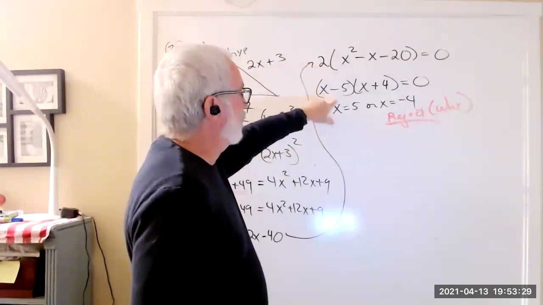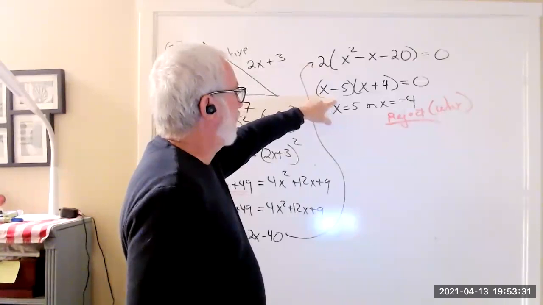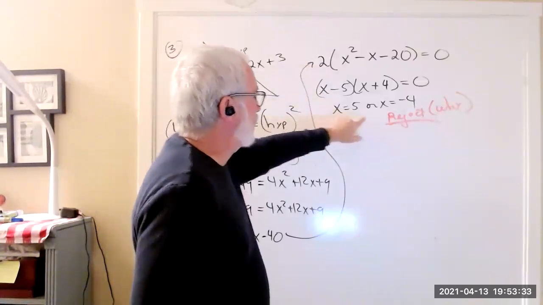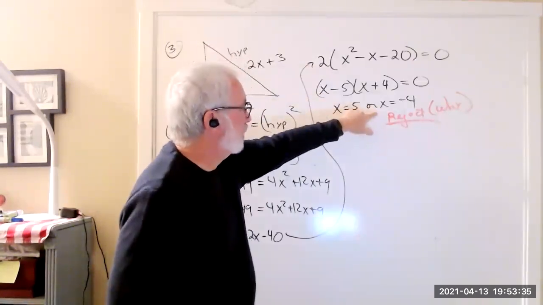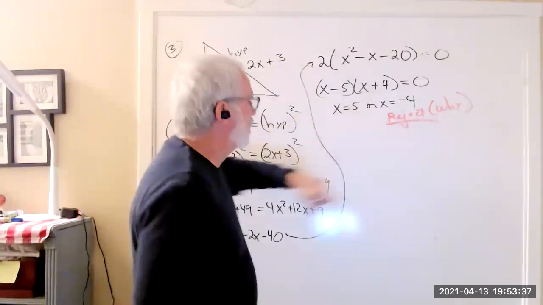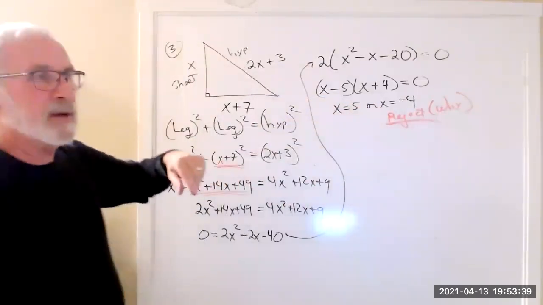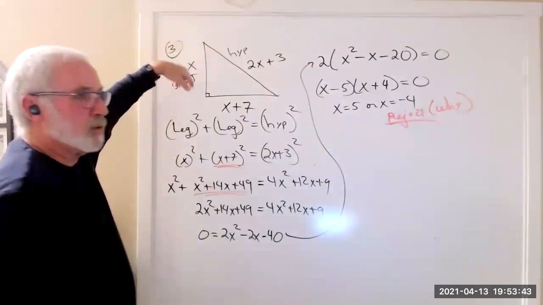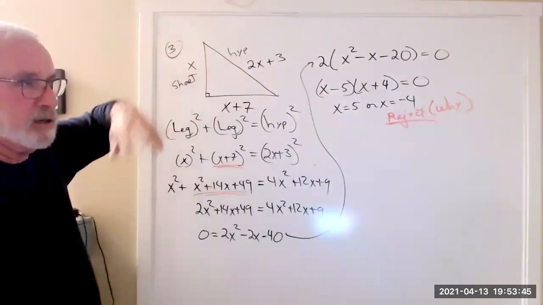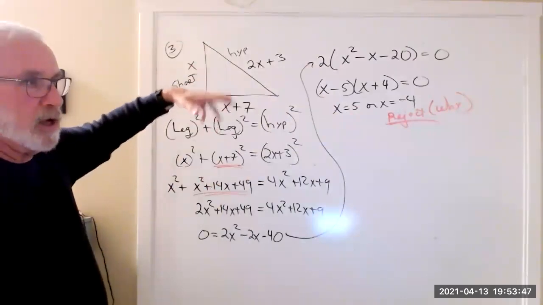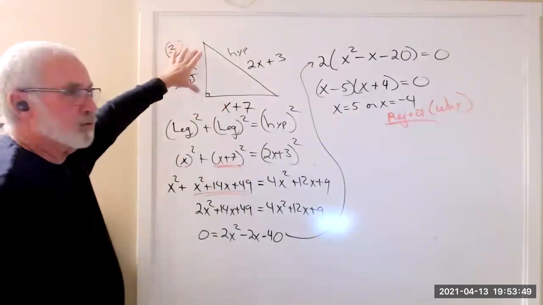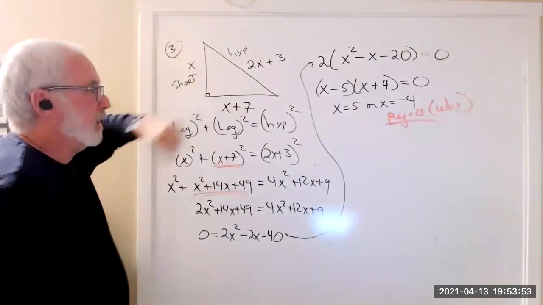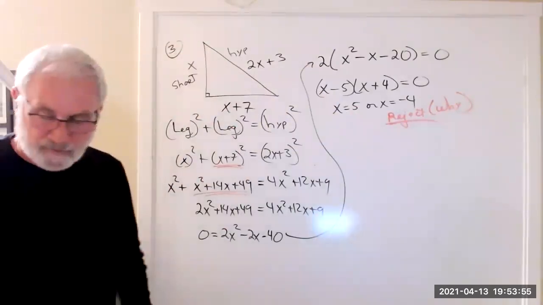So I factored it. And I got 2 answers, x is 5, x is -4. Reject that, because we talked about that way back in chapter 7. This is where math and reality conflict: how can the side of a triangle be a negative value? It can't, so we reject it.